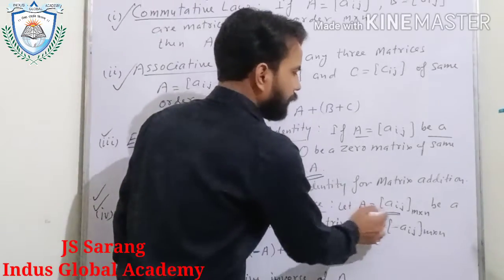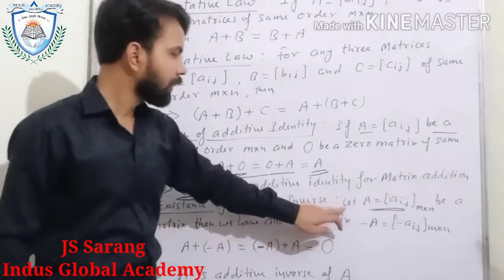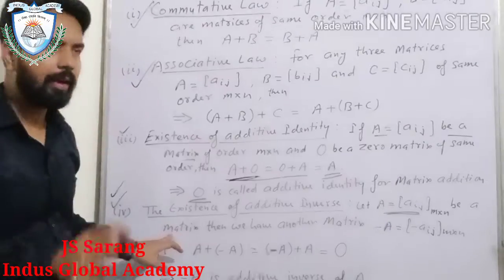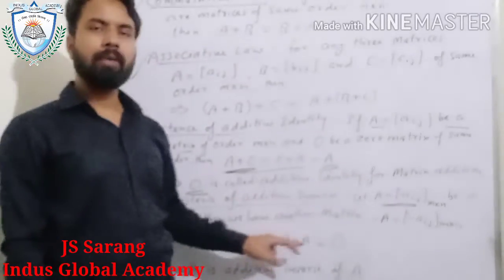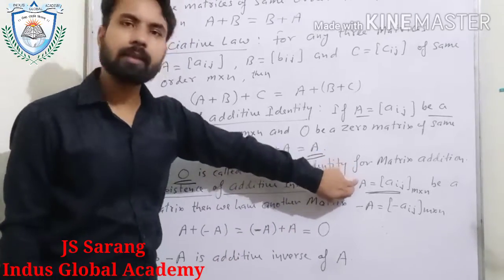Let A be a matrix of any order. Let A be a matrix of order m by n. Then we have another matrix that is the negative of this given matrix.